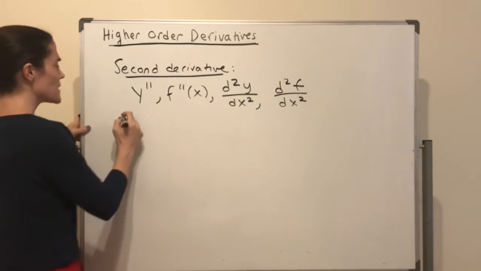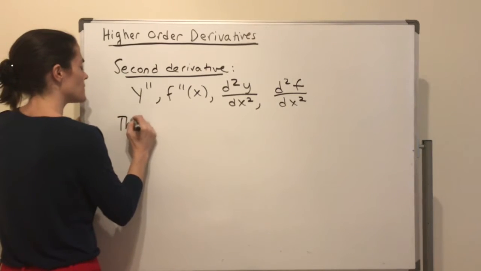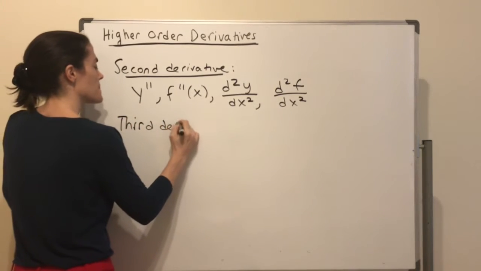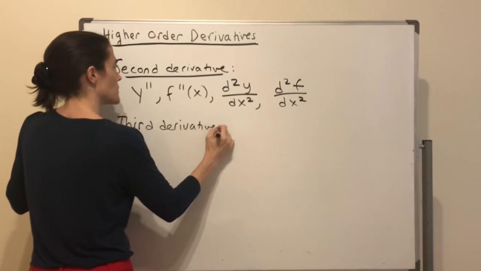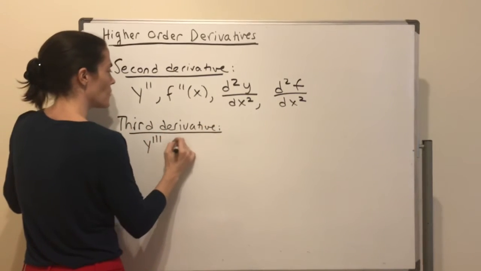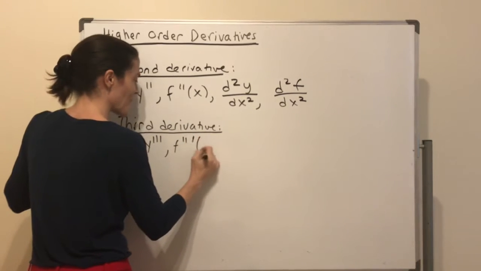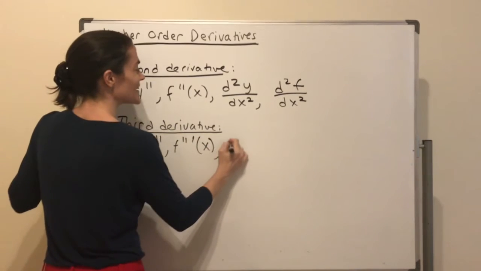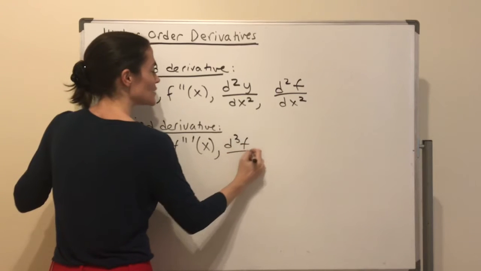And similarly, you could have a third derivative. The notation would be y prime prime prime, or f prime prime prime of x, or d cubed f over dx cubed.